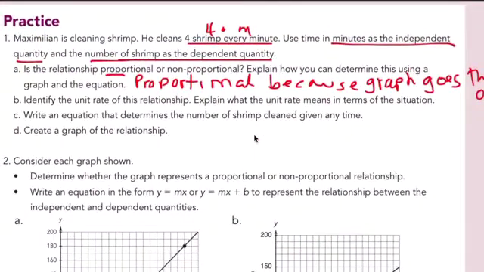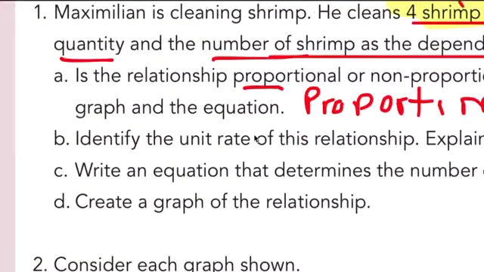Identify the unit rate. Explain what the unit rate means. The unit rate is that he can clean 4 shrimp per minute. Write this on paper.